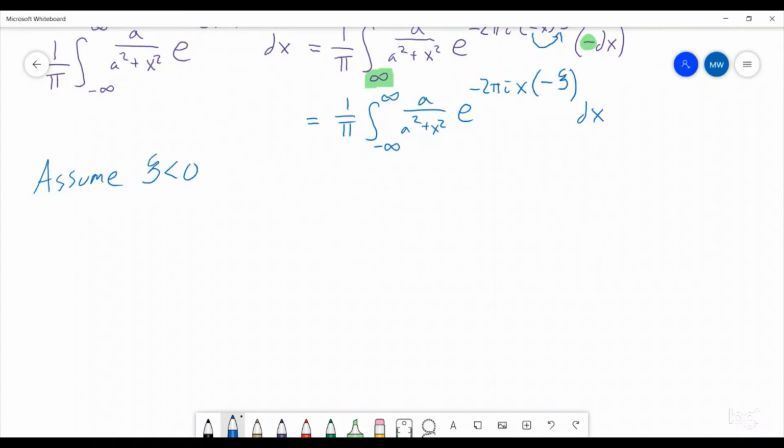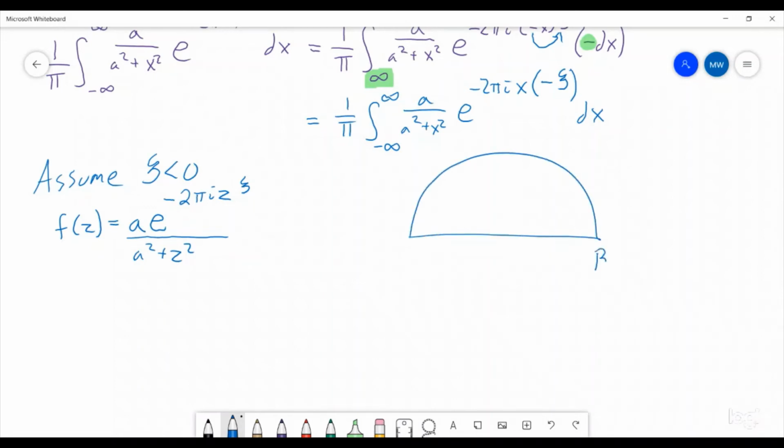Okay, so here's how we are going to go through the process. We are going to be integrating the function f of z equals e to the negative 2 pi i z c divided by a squared plus z squared. We're going to be integrating this over the upper semicircular contour that looks like this.